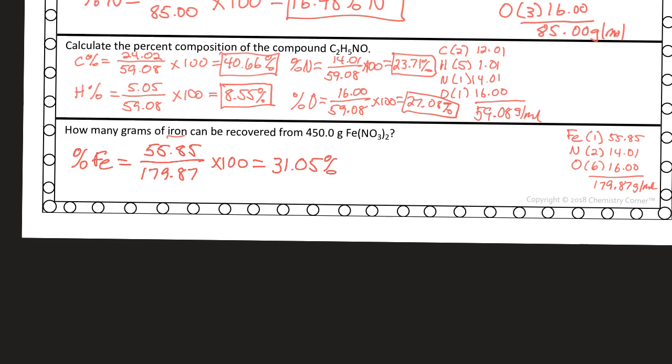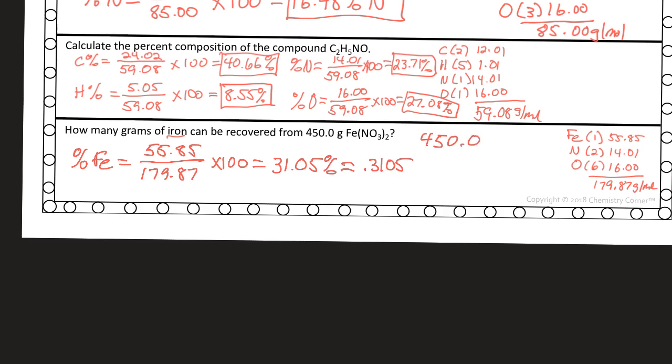So this compound is 31.05% iron. If I want to find out how many grams that would be, I'm going to multiply the percent by the total weight. So in order to do that, I need to convert this out of percent and turn it into a decimal. So that is going to equal 0.3105.